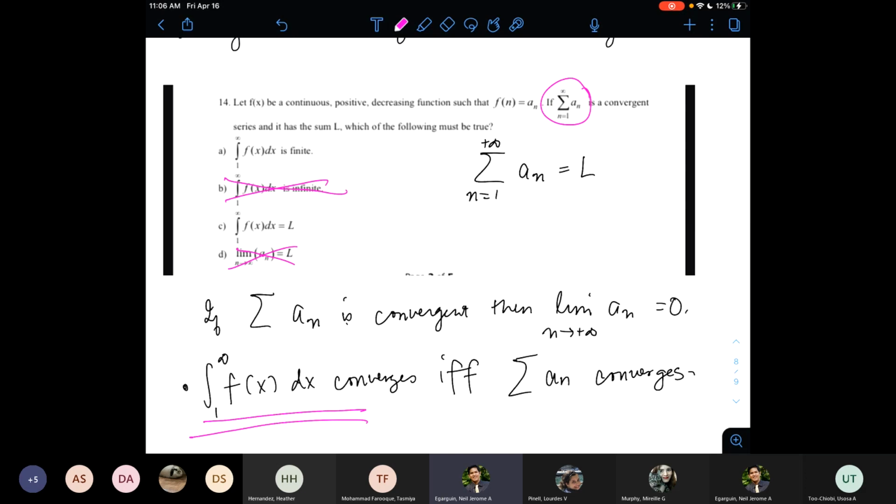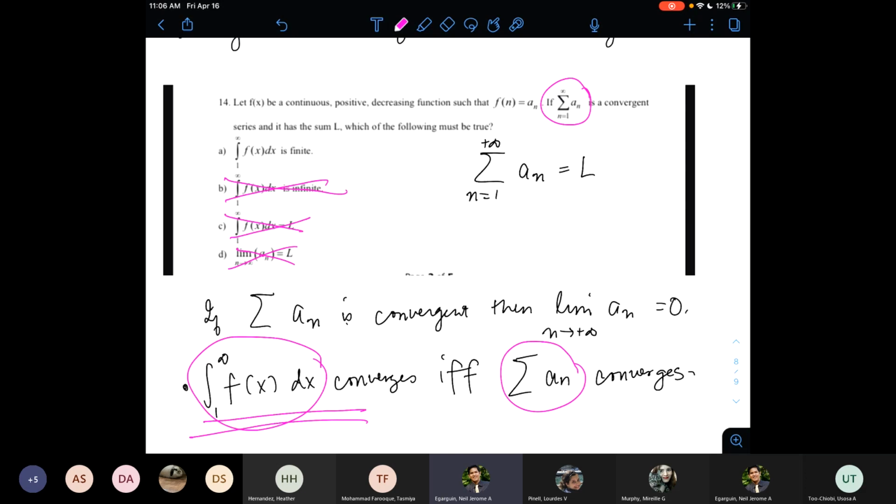Now you're down to options A and C, but here's the thing: the series and the improper integral are not necessarily equal to each other. So you cannot say for certain that C is true. It can be true, but it can also be false. We don't know.